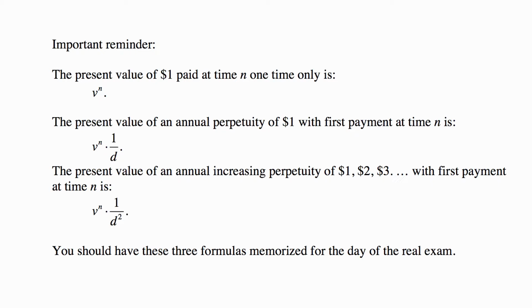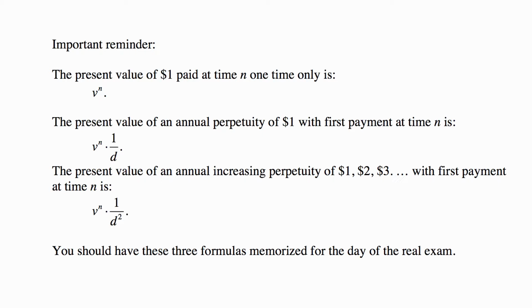Then the third formula is that the present value of an annual increasing perpetuity of 1, 2, 3, and so on, with the first payment being at time n, is v to the nth times 1 over d squared. In particular, if this is a perpetuity due starting at time 0, then this is v to the 0 times 1 over d squared.